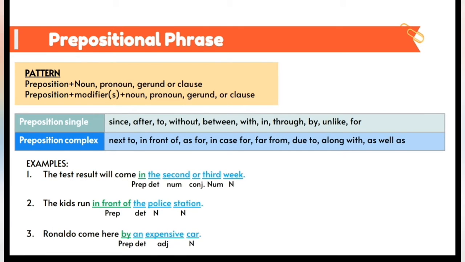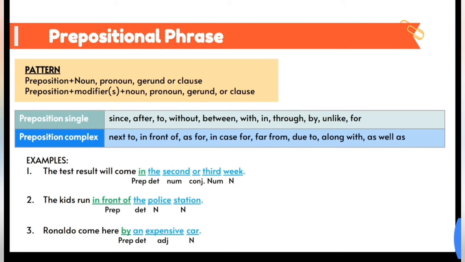Single prepositions, such as after, to, without, between, with, in, through, by, unlike, for. Complex prepositions: next to, in front of, as for, in case of, far from, due to, along with, as well as. For example, "The test result will come in the second or third week." Here "in" is the preposition.